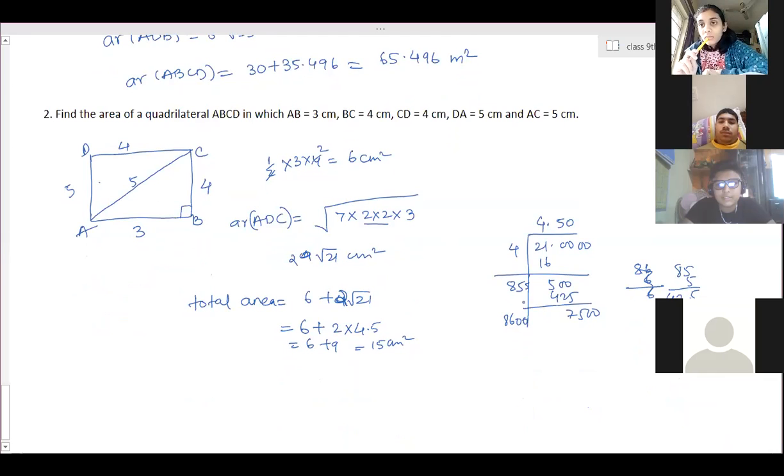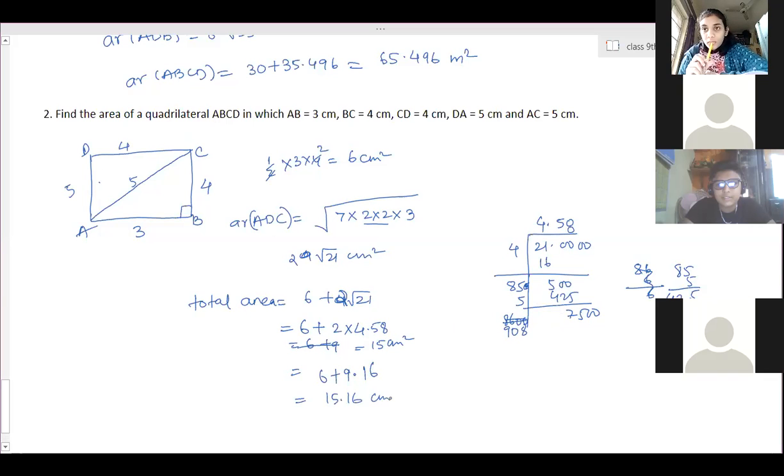Ma'am, we did 4 fours are 16, then here it is 85 plus 5, that is 90. 90 will come. 4.58. 6.91, 9.16, that is 15.16.